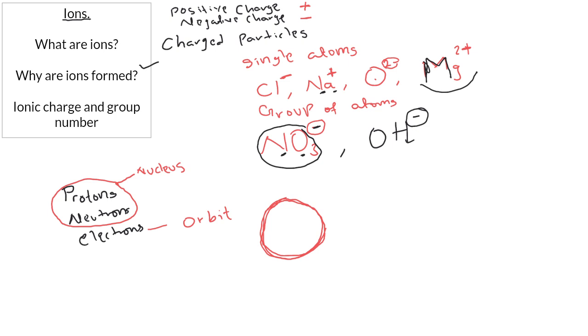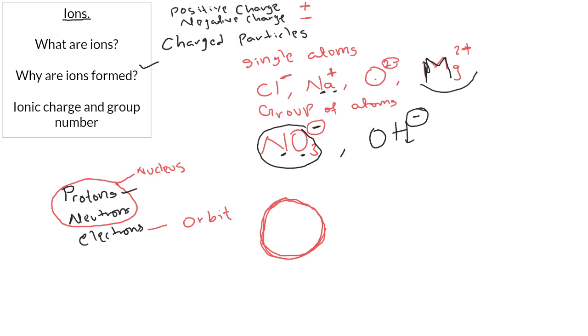Now, what should you know about the electrons? The electrons are the ones that determine the chemical properties of an element. Let me stop there. As we go on further, you're going to know more about the electrons.